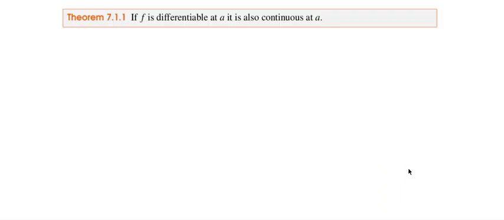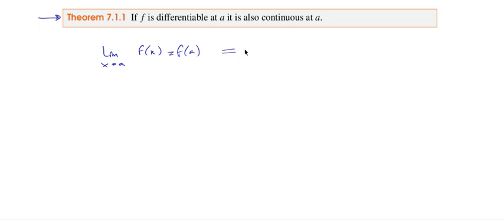Okay, so next, this is a very important theorem. If f is differentiable at a, then it is also continuous at a, and it's also very simple to prove. What we need to prove is that the limit when x goes to a of f of x is f of a, that means that f is continuous.